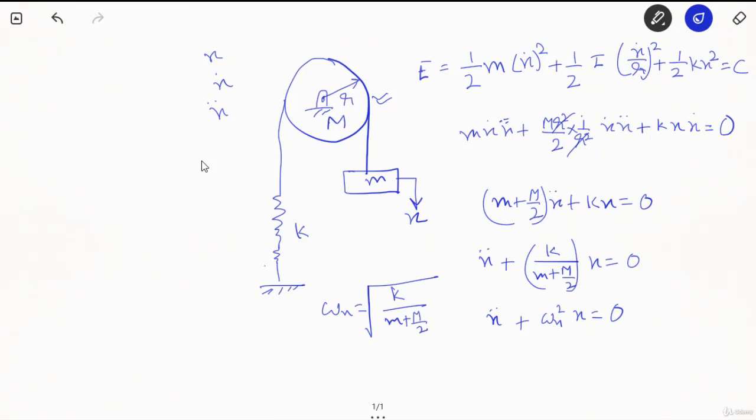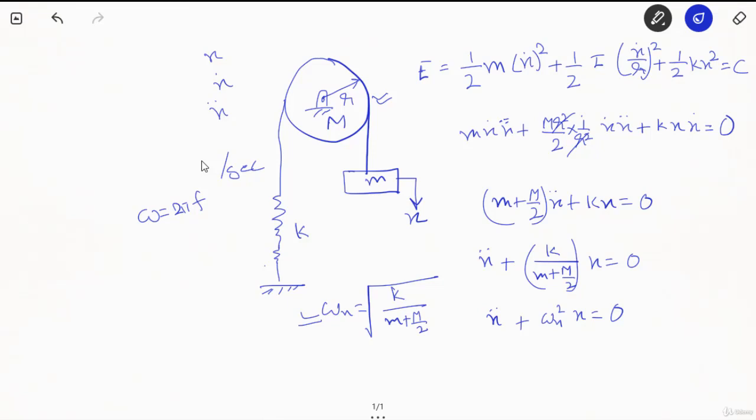Sometimes they generally ask for frequency only. This is basically angular frequency. When they ask for frequency, whose unit is per second, omega holds the relation omega equal to 2 pi f, which is what we discussed in the basic terminology in the very beginning, right?